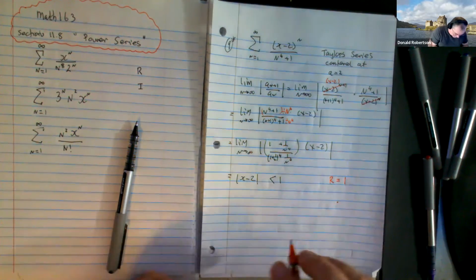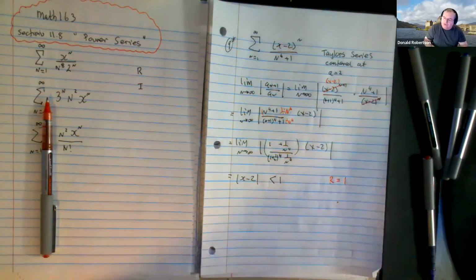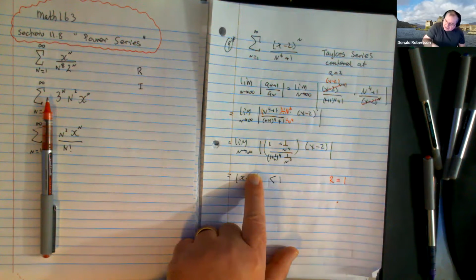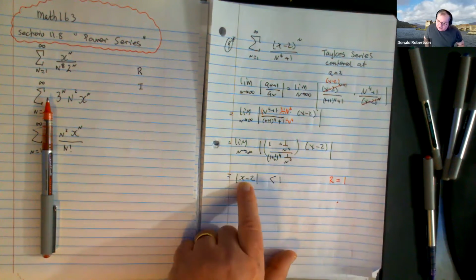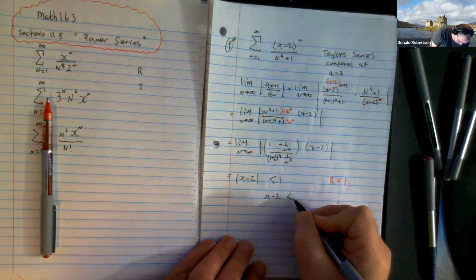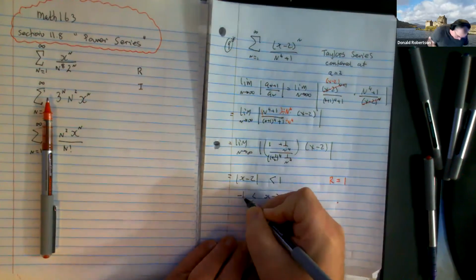The interval of convergence is the values of x that you can use. Now, when it was the absolute value of x less than 1, wasn't it easy? -1 to 1. You see, it's now a little bit trickier. So if you have an absolute value less than 1, it can be turned into that.